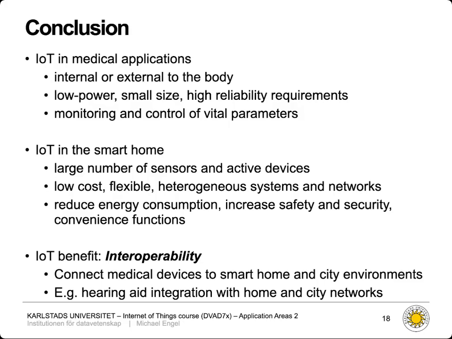We can, for example, have this hearing aid integration that we've seen with a home or a city network to provide, for example, audio streaming or information provisioning. Now, all this requires common protocols, so we'll take a look at common protocols in an upcoming section of this course. These are, together with common network technology, the basis for transmitting information between your IoT devices.